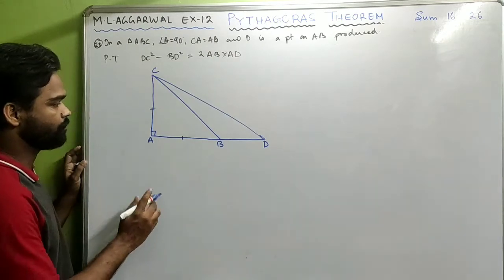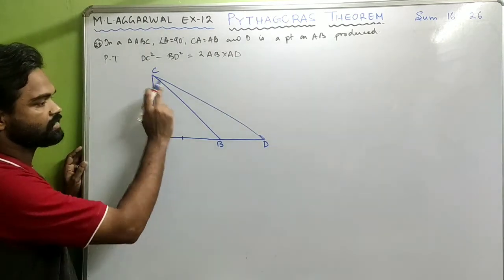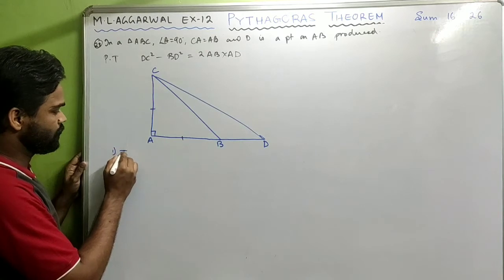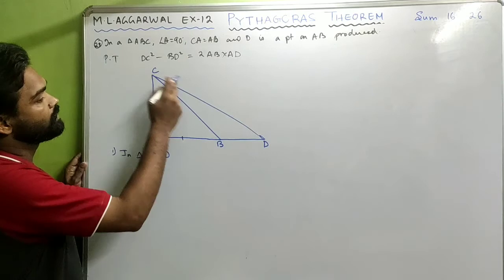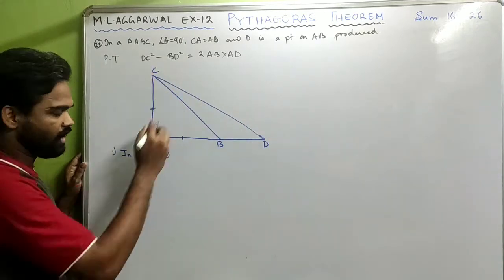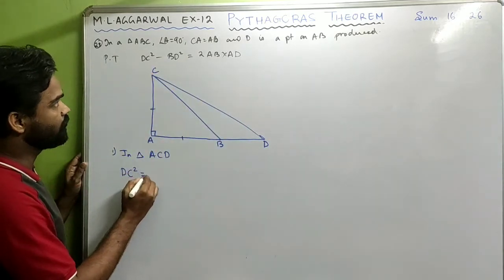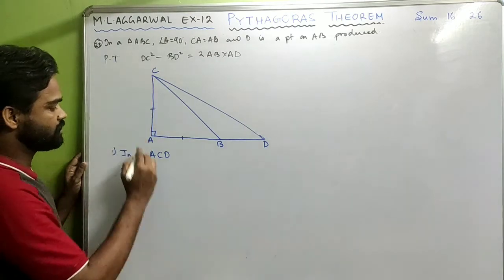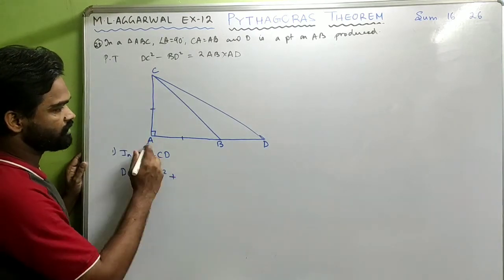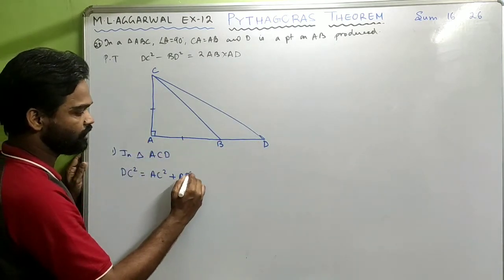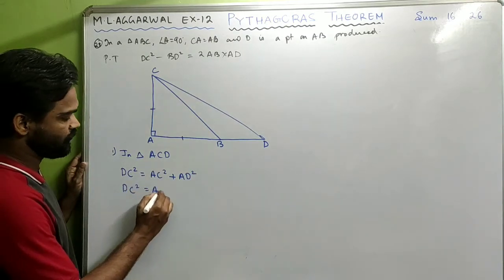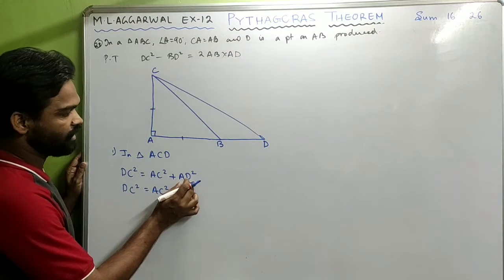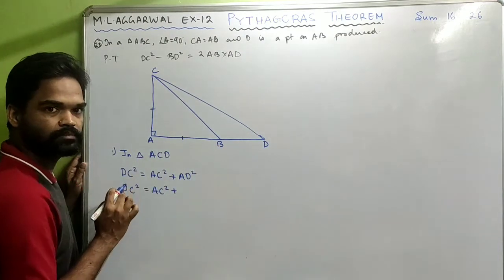Pretty easy. Just look over here. Look at the bigger triangle ACD. In triangle ACD, since DC is the hypotenuse, DC square is equal to AC square plus AD square. No doubt in that. Pythagoras theorem. Which means DC square is equal to AC square plus, instead of AD, can I write AB plus BD?